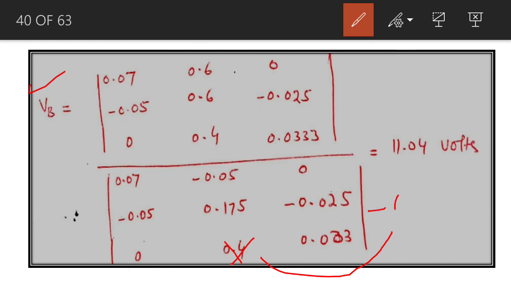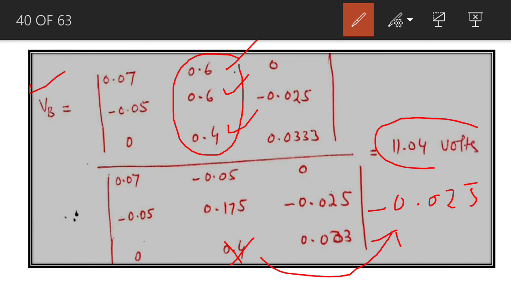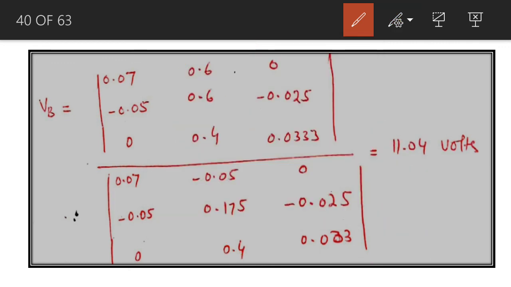This is minus 0.025. And for VB, we replace the second column of the G matrix by Ig1, Ig2 and Ig3. Ig1 was 0.6, Ig2 was 0.6, Ig3 is 0.4, right? The first and the third column of the G matrix remain unchanged. If we simplify the right hand side of VB, VB turns out to be 11.04 volt.